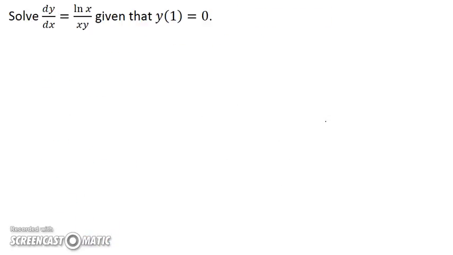Let's do one more. Slightly more complicated, slightly more difficult. Solve the differential equation dy dx equals ln of x divided by x times y, given that y of 1 is 0. Or in other words, when x is 1, y is 0.